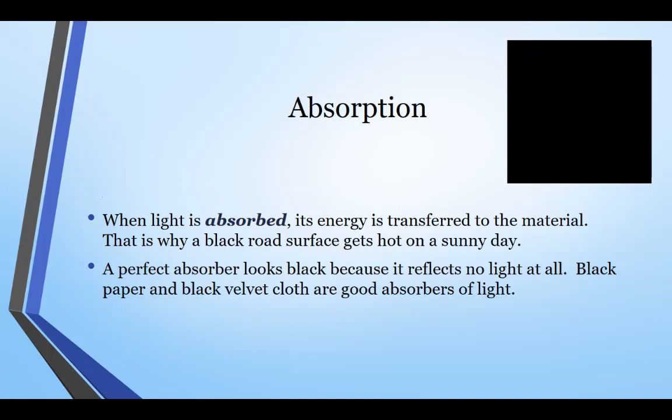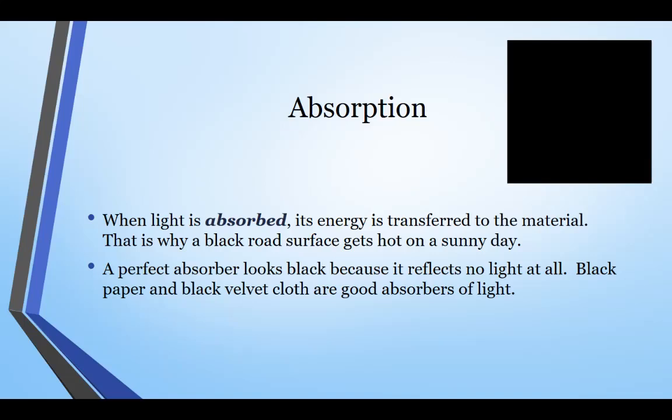A lot of that energy is converted to light, but a lot more is actually converted to heat. So that's an energy conversion. Absorption is also a form of energy conversion, and this is why the road surface gets hot on a sunny day. It's black, so it absorbs all of that light energy instead of reflecting it off, which causes it to heat up.